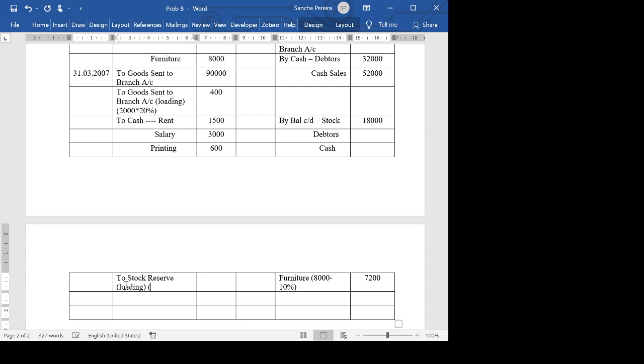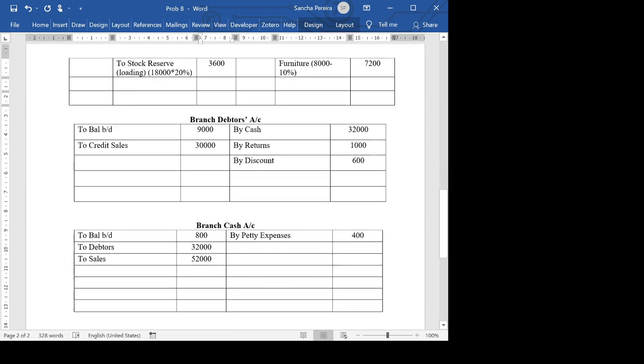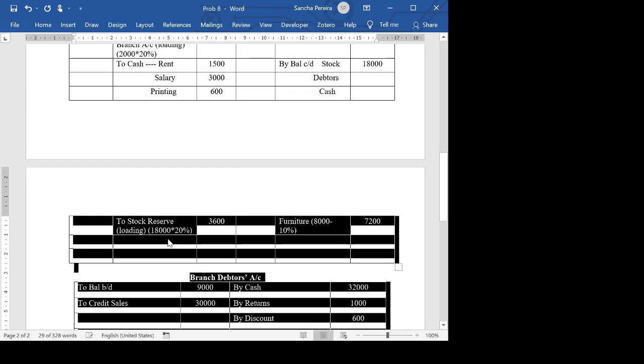So it's going to be 18,000 into 20%, which is 3,600. Okay. We'll close these accounts now to find out our missing figures.